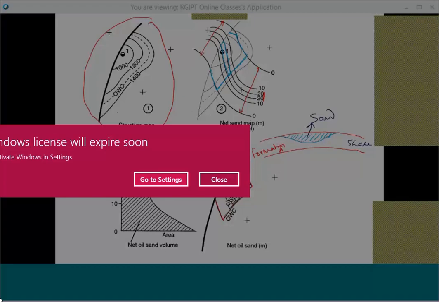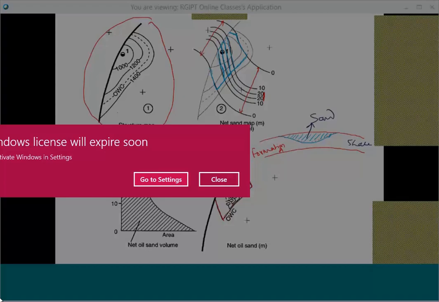So first you are going to map out 20 meter thickness, how much is the area. Then you are going to map out 10 meters. How much is the area for 10 meter thickness? And then for 0.